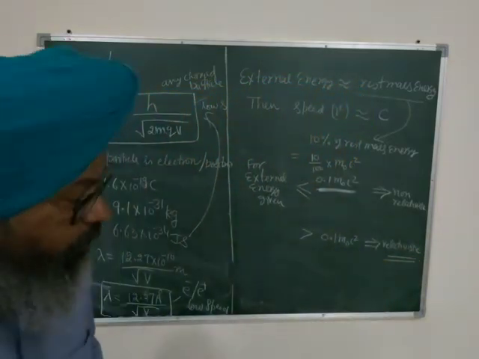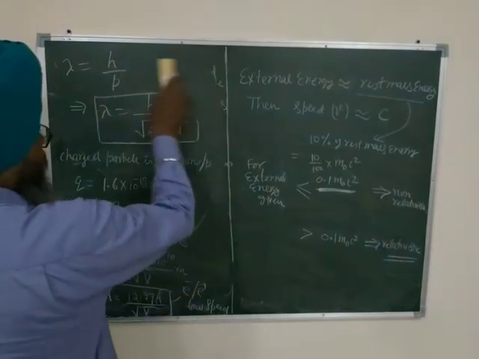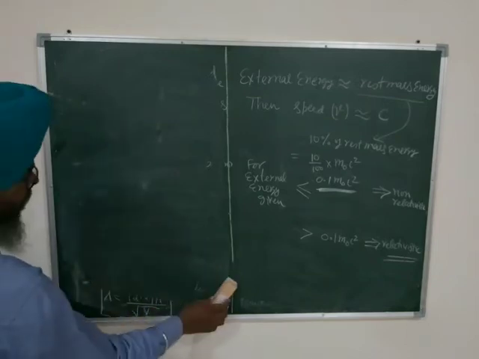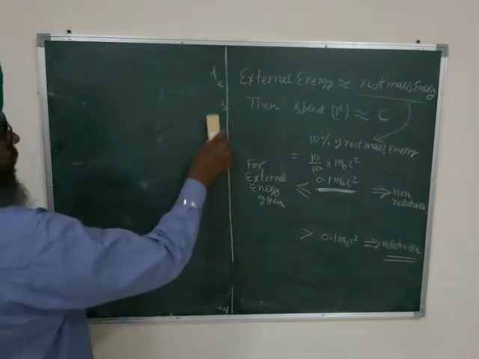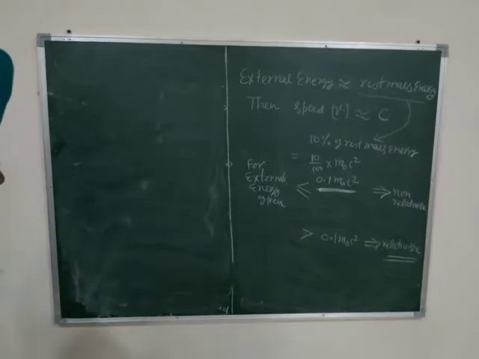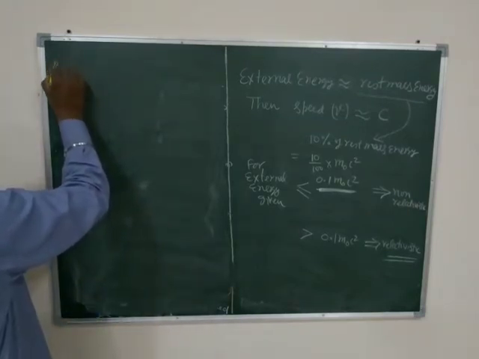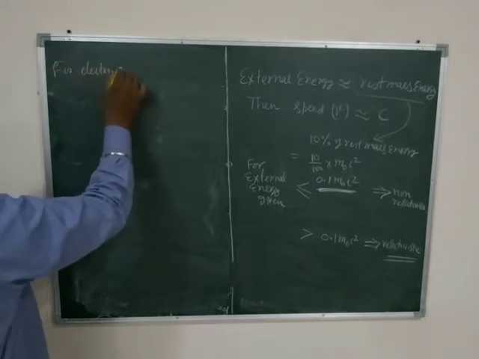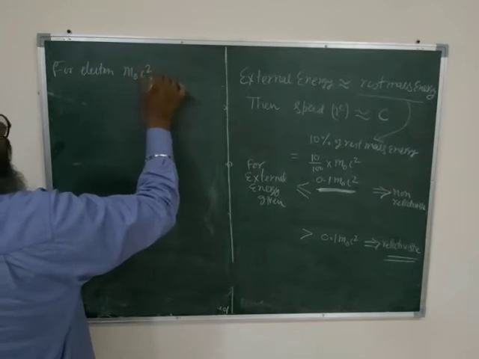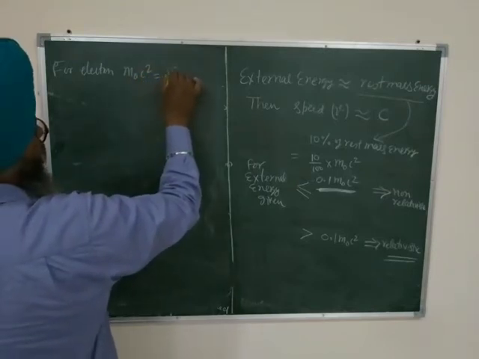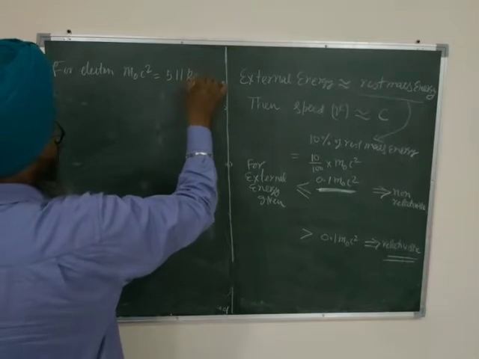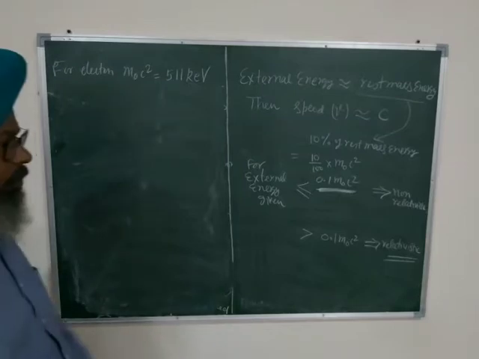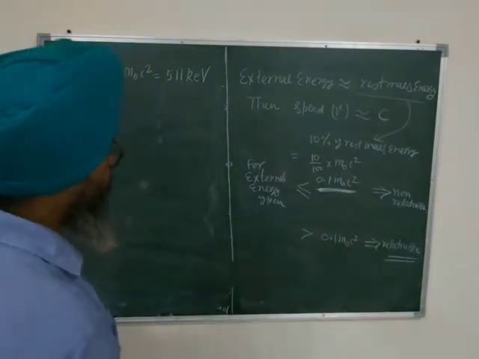I would give you an example. We know that for an electron or a positron equivalently, the rest mass energy m naught c square is given by 511 kilo electron volt. Now our critical value is 0.1.